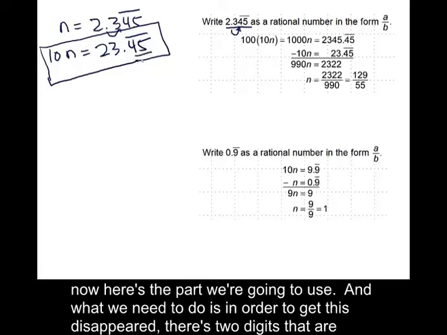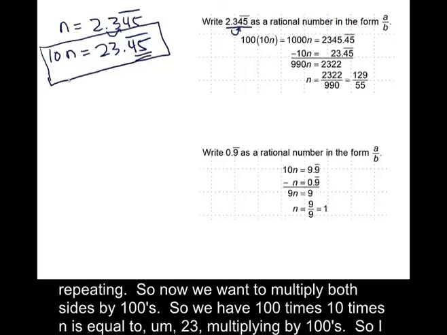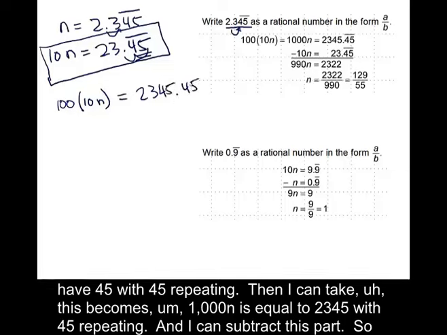Now, in order to get the repeating part to disappear, there are 2 digits repeating, so we want to multiply both sides by 100. So we have 100 times 10n is equal to 2345 with 45 repeating.